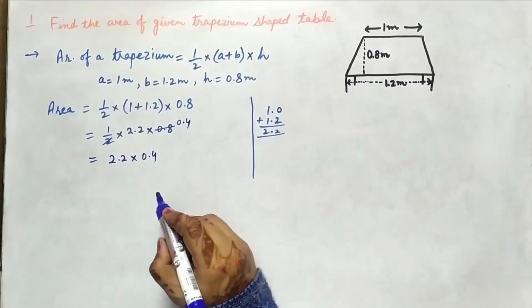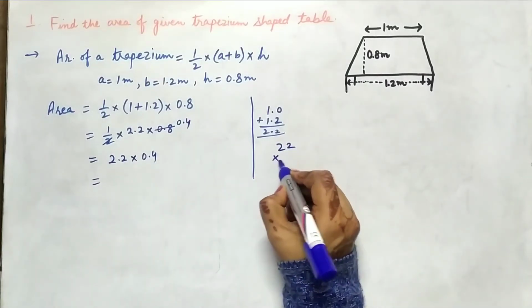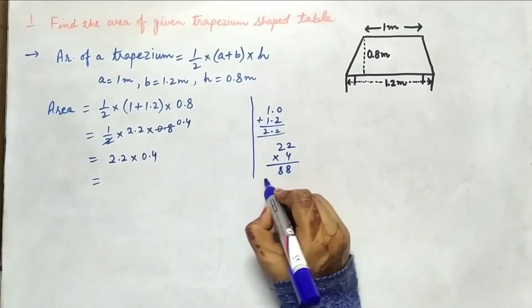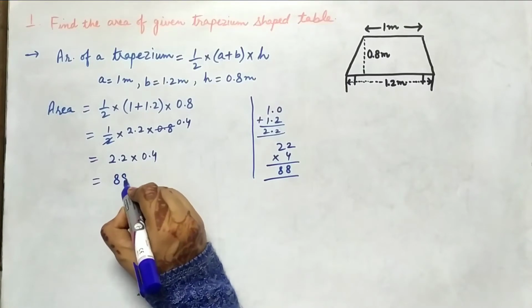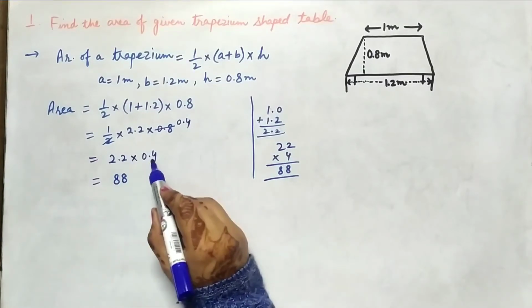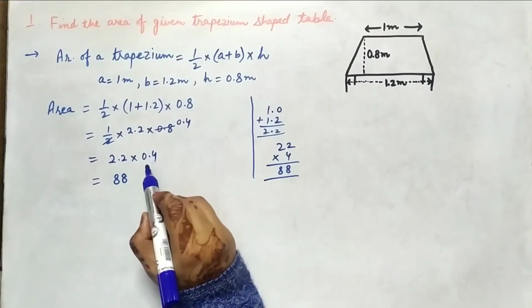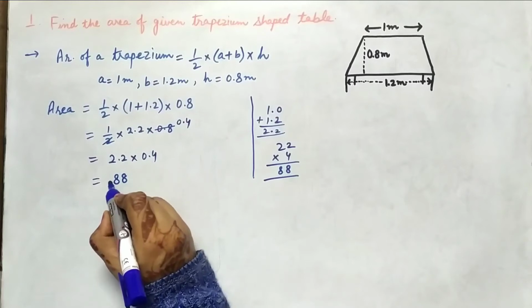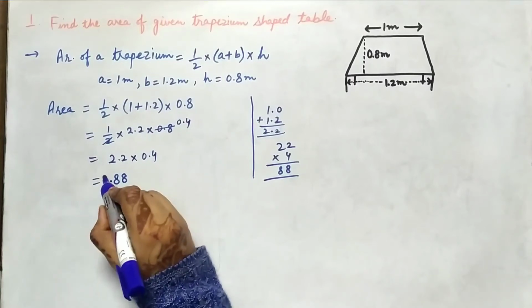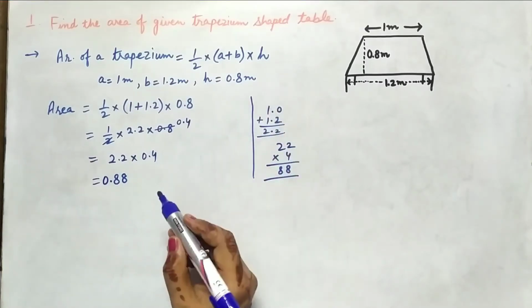Now do the multiplication. 22 fours are 88. And what about the decimals? One number after the decimal here and one digit here. Total 2 digits after the decimal. So 1, 2 and the decimal. This is the area of the table and the units.